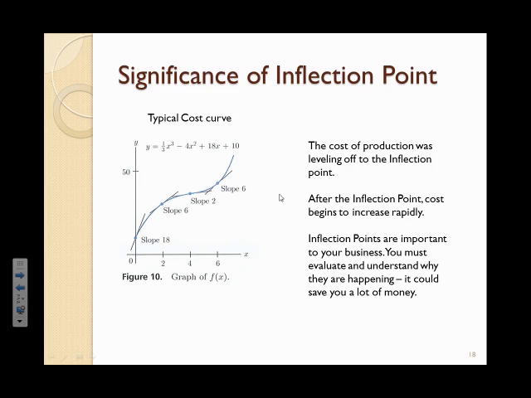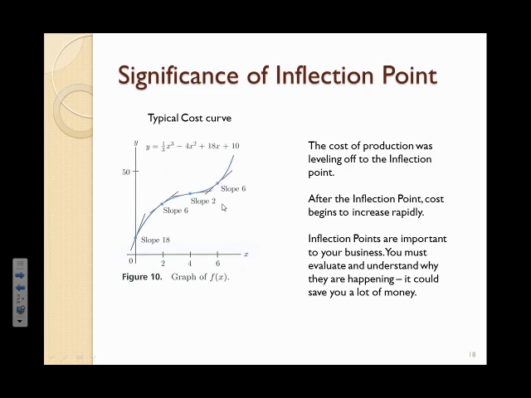It's also possible that you maybe opened up a second location, so your cost went up. It's something you want to be aware of. Why did the cost go up? Maybe in these cases, it's something generally that's good. You're increasing your production, and it's a good thing. But it's also possible that it's not good. In this case, if you're producing up to 4 units you're doing really well. But then again, your costs start to skyrocket.